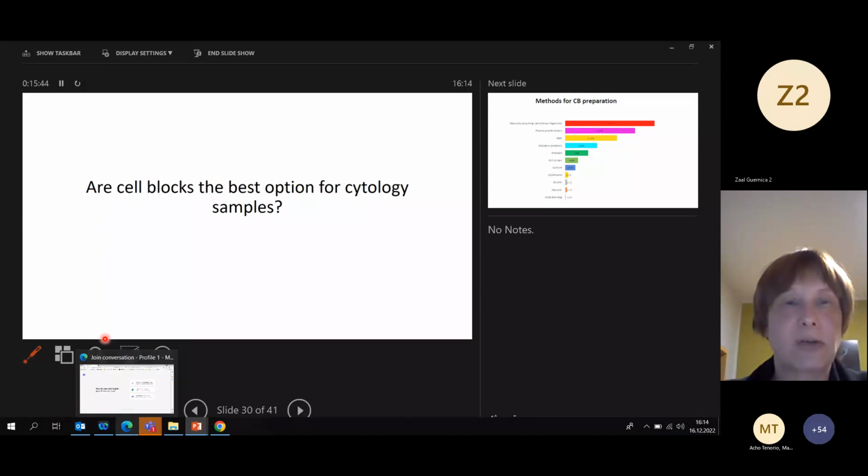So are cell blocks really the best option for cytology samples?